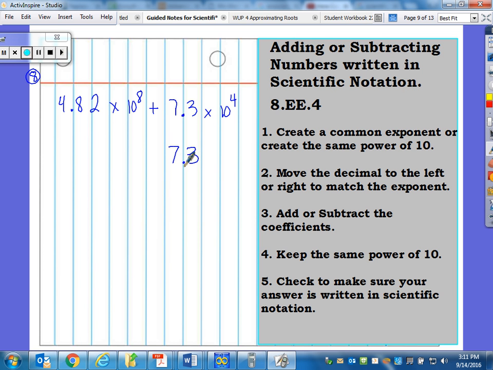I'll move the decimal 4 places to the left. 1, 2, 3, 4. By moving the decimal 4 places to the left, I decrease the size of the coefficient, therefore increasing the size of the exponent. Now that I have the same power of 10, I can add my two numbers together.